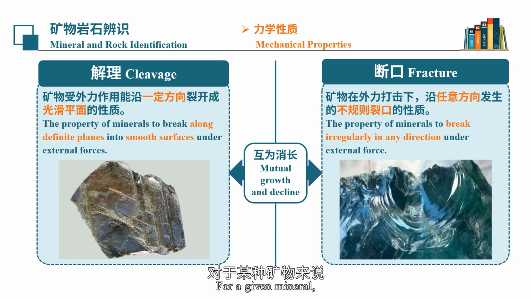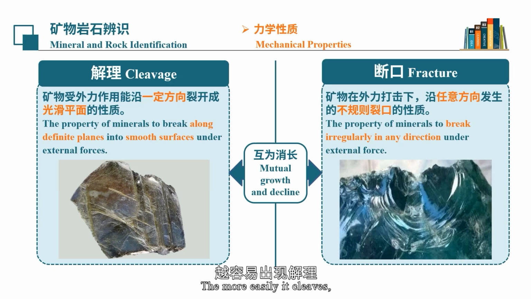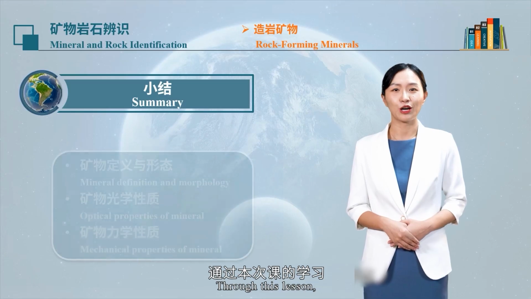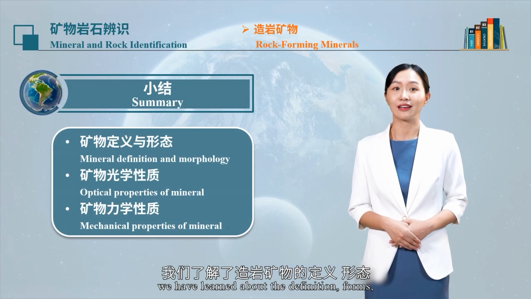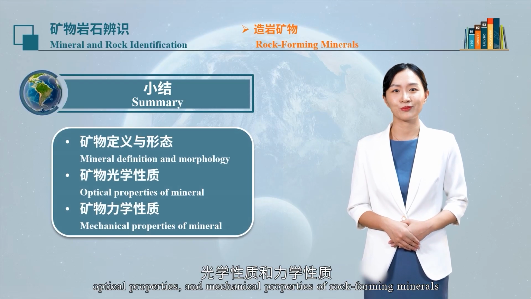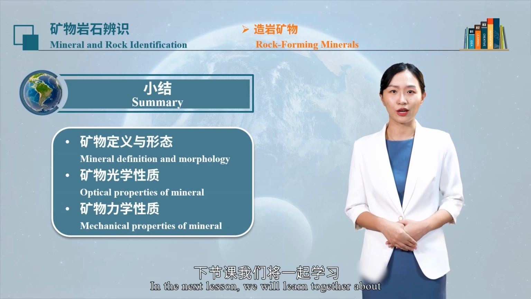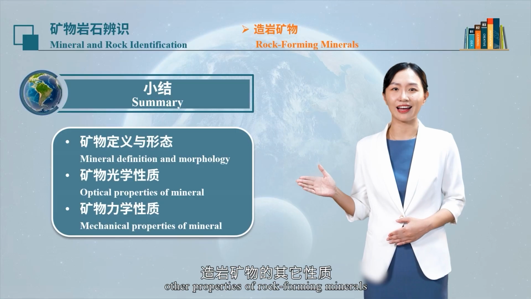For a given mineral, the occurrence of cleavage and fracture often exhibit an inverse relationship. The more easily it cleaves, the less likely it is to fracture. Through this lesson, we have learned about the definition, forms, optical properties, and mechanical properties of rock-forming minerals. In the next lesson, we will learn together about other properties of rock-forming minerals.